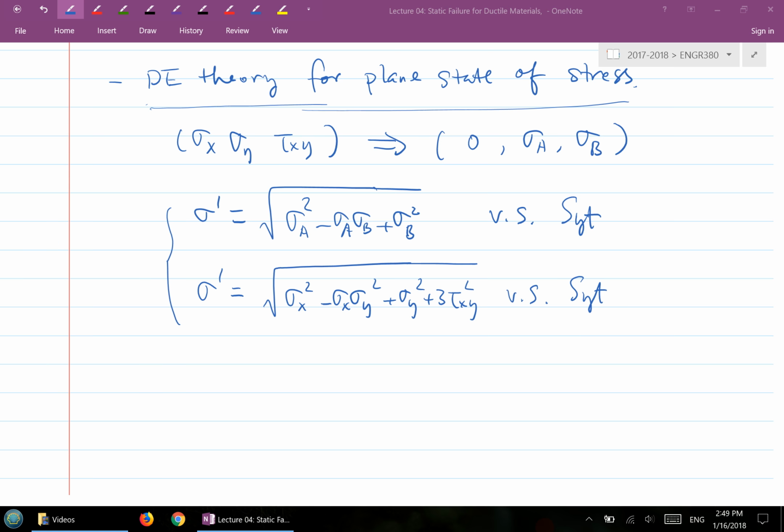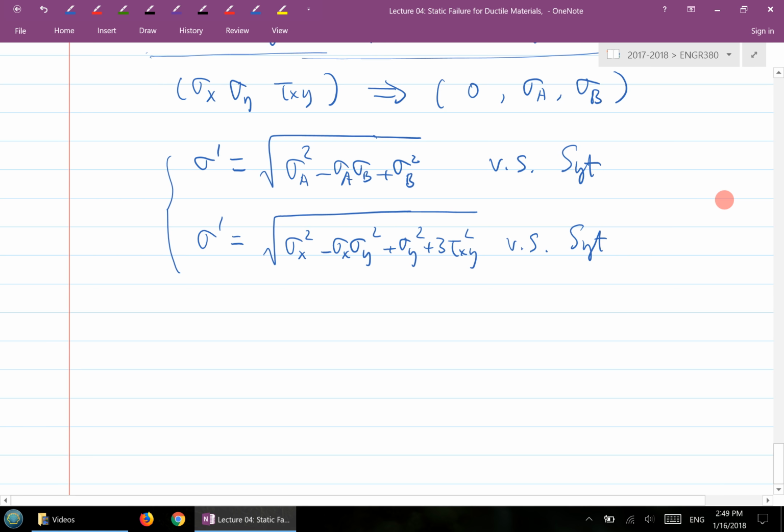Good. Now, let's take a look at this expression again. We're saying you compare this square root with SYT. Basically, I can also see that there is a boundary condition, which is this one.